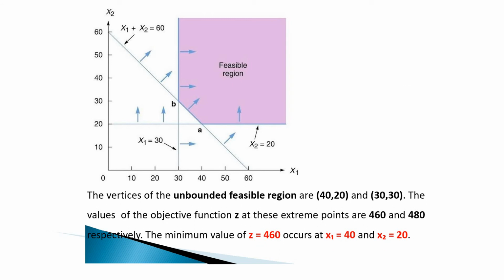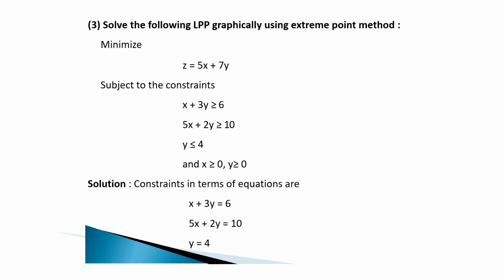We wanted the minimum value, so we have a minimum value of the objective function z equal to 460, attained at x1 equal to 40 and x2 equal to 20.